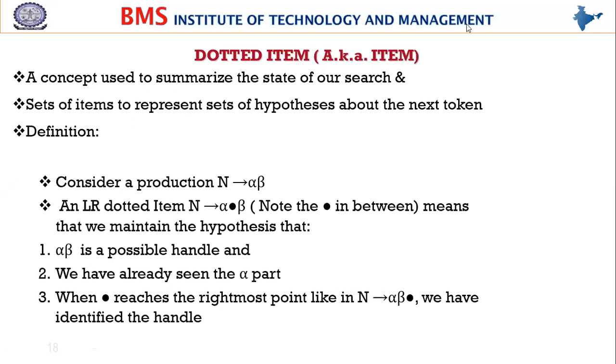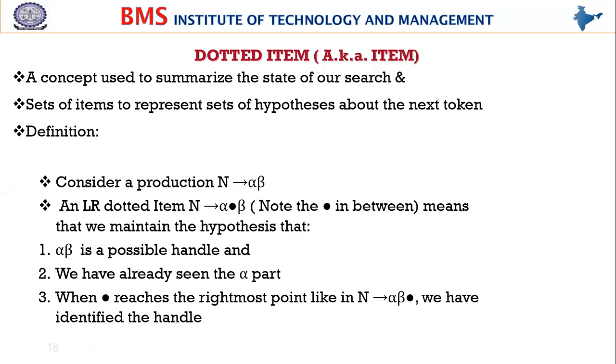Observe the example. Consider a production N produces alpha beta. The dot at the beginning will be moved between alpha and beta after your parser has recognized the symbol alpha. If alpha is a terminal, then only alpha.